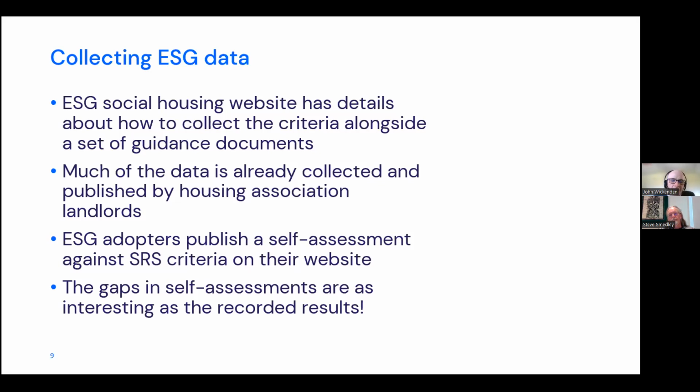But we did find that there were several gaps in these self-assessments, just where it was silent. Some of them go through the criteria, and it's almost like a form. Their self-assessment works like that. Some of them approached it in a much more marketing narrative way, and you've got to read through it and work out which bits they're answering and see which bits the self-assessment is silent on.